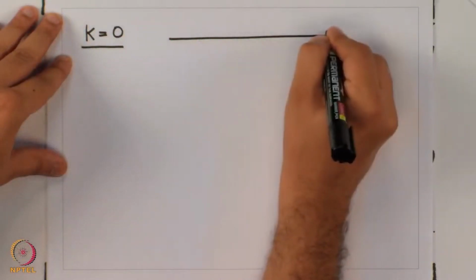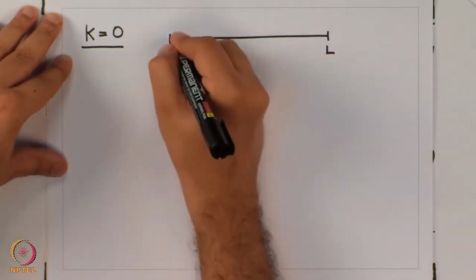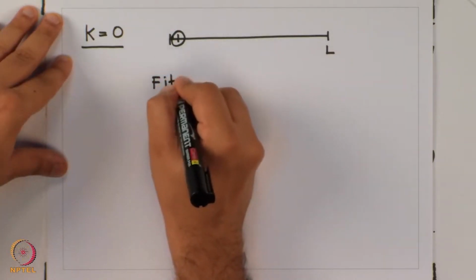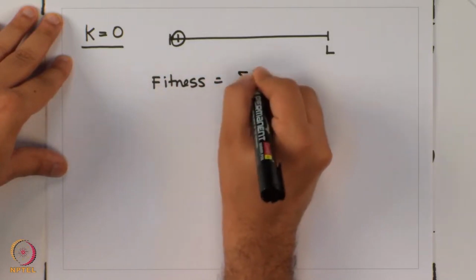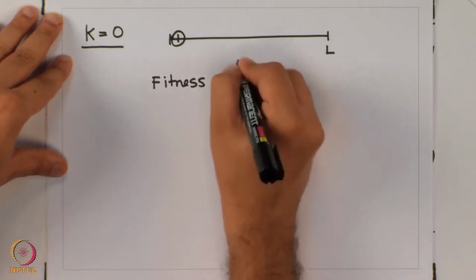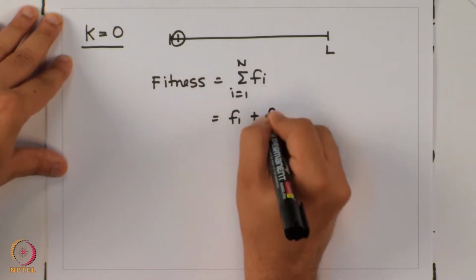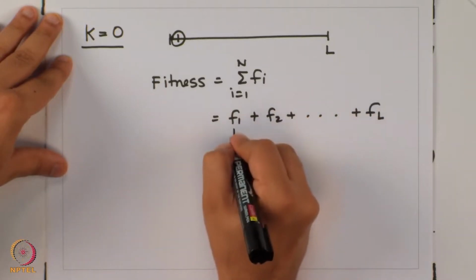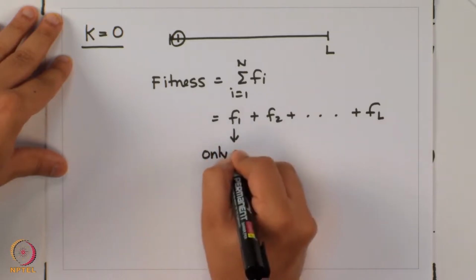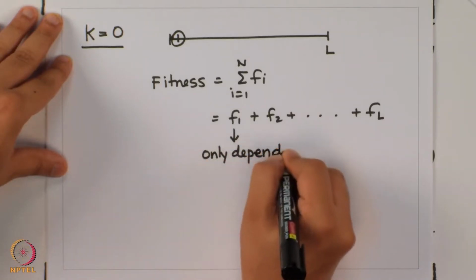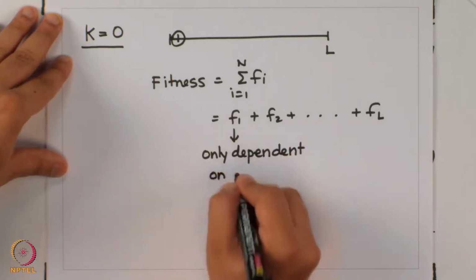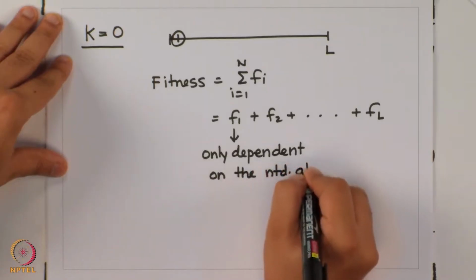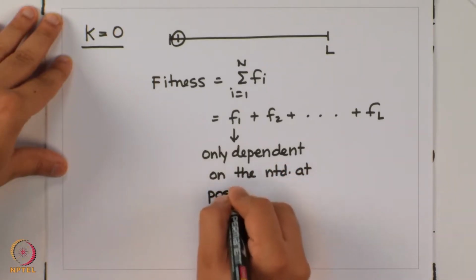which says that, again that same picture, the contribution of the first nucleotide to fitness is equal to sigma Fi, i going from 1 to n, equals F1 plus F2 and so on and so forth plus Fn, and F1 is only dependent on the nucleotide at position 1.